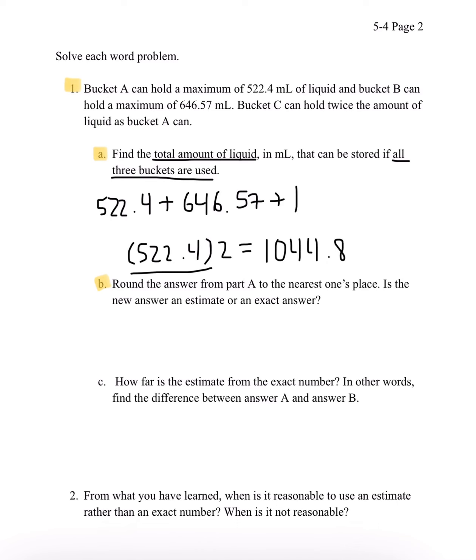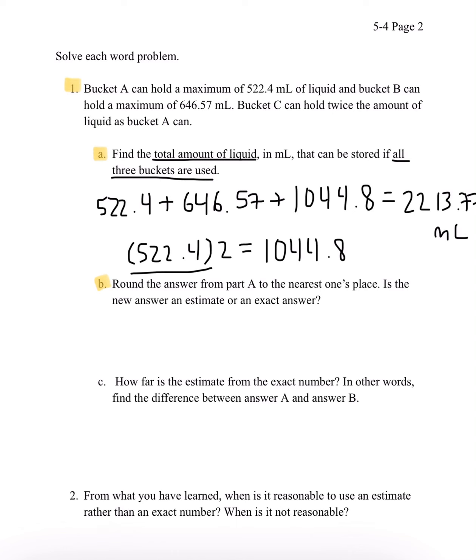So that is how much C can hold up to. And if we add all of these together, we will get 2,213.77. Don't forget the milliliters. And that's our answer.